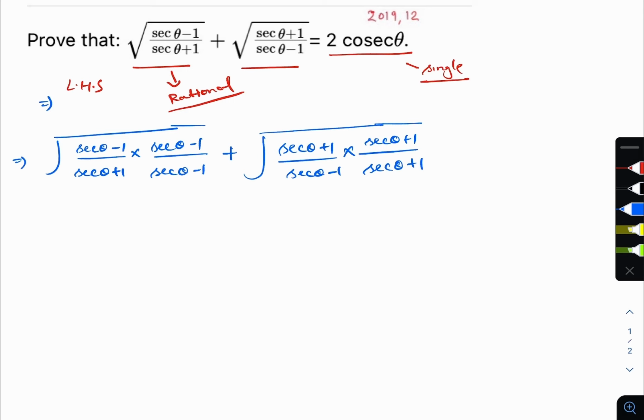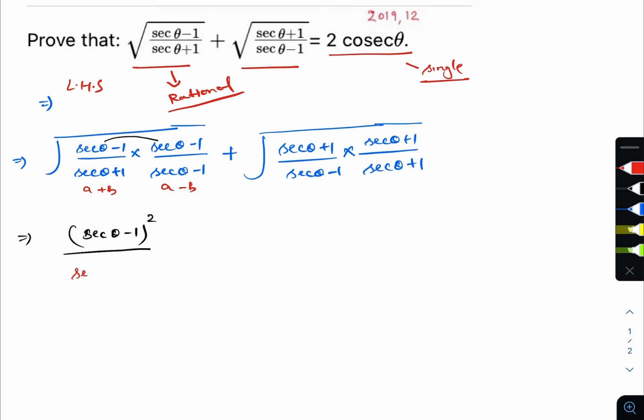Now there is a multiplication of two rational functions. Like in rational numbers, we multiply numerator with numerator and denominator with denominator. So the next step will be secant theta - 1 multiplied with secant theta - 1. Both the functions are same, so it will be the whole square of secant theta - 1. And in the denominator, a plus b times a minus b will be a square minus b square.